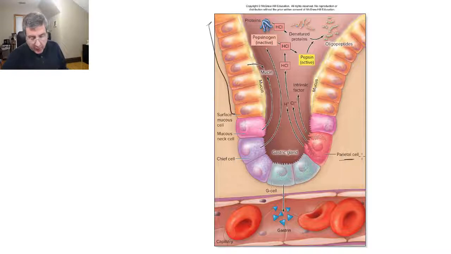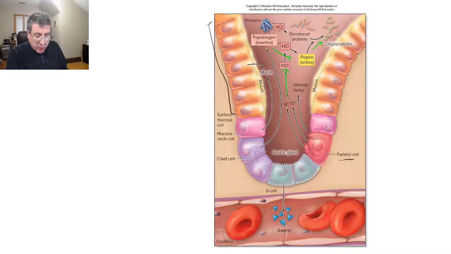If you follow these arrows, if you follow the hydrogen and chloride, it gets to hydrochloric acid. Hydrochloric acid basically helps to convert pepsinogen into pepsin. Pepsin helps to further break down the proteins.